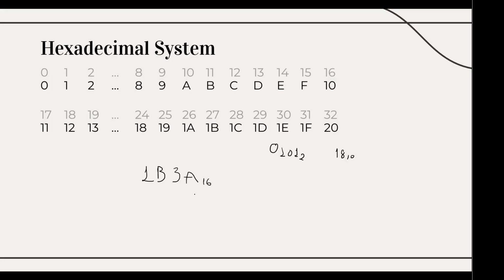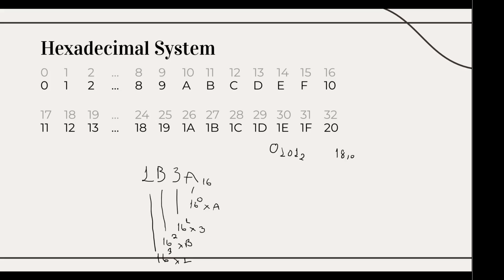So we're going to have 16 to the power of 0 times A, 16 to the power of 1 times 3, 16 to the power of 2 times B, and then 16 to the power of 3 times 1.